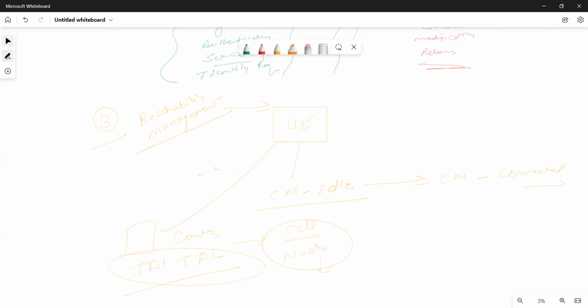There is one more thing: UEs which are configured to use MICO. Have you heard about this MICO term? MICO is nothing but mobile initiated connection only.